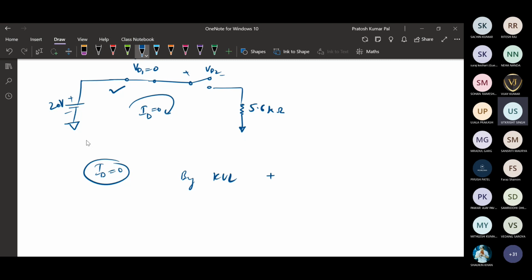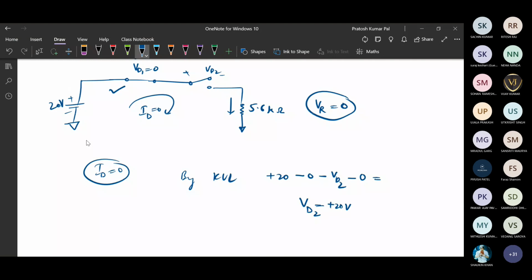We get plus 20 minus 0, minus VD2, and minus the voltage drop across the resistor, which will again be 0 because there is 0 current flowing through it. So the voltage drop across the resistor will be 0. That means the VD2 voltage will be equal to plus 20 volt.